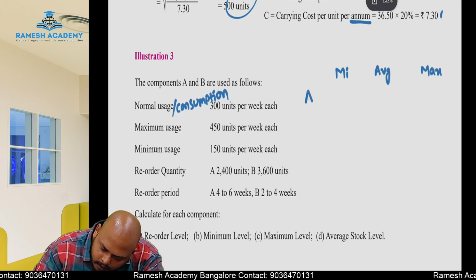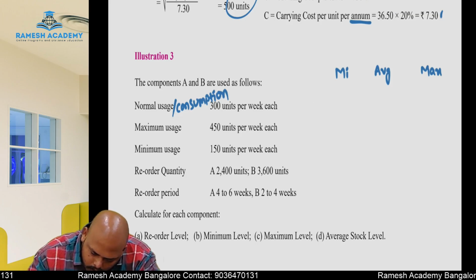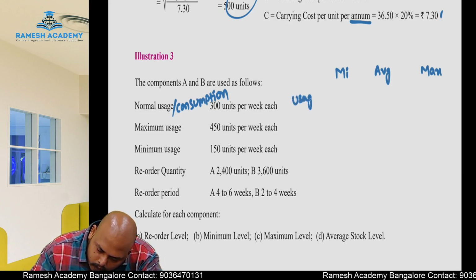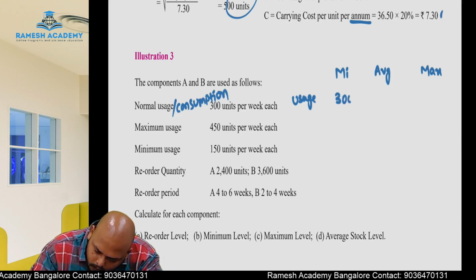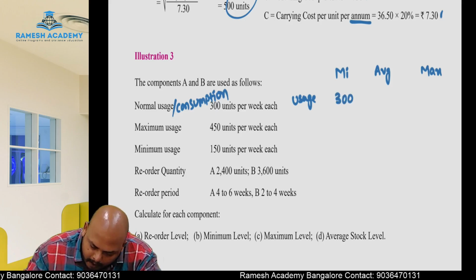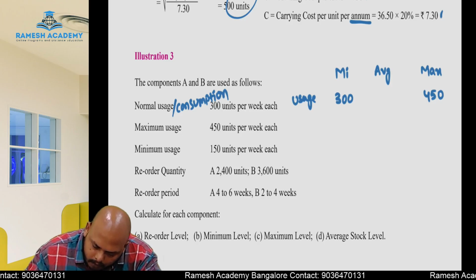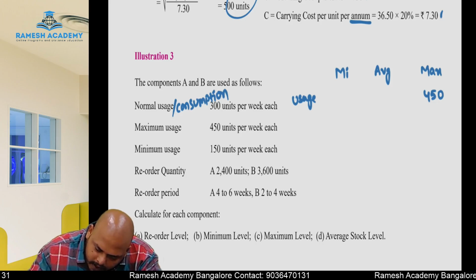First one is usage. Minimum, how much did he give? Sorry, minimum is 150.